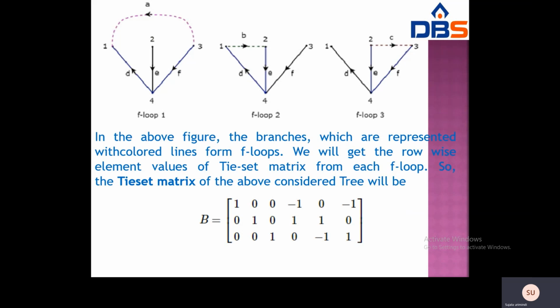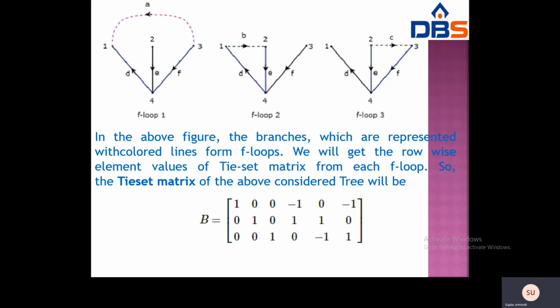Same thing for the second loop, which is related to B, D, E. B is the same direction, put 1, E is also the same direction 1, and D is also the same direction, so 1, 1, 0, remaining all 0. For the third loop, it becomes C, E, F. C will be the same, F will also be the same, and E will be opposite, so minus 1. Remaining all zeros.